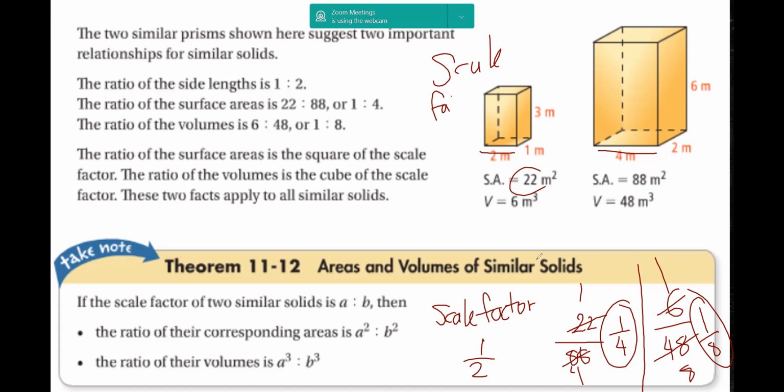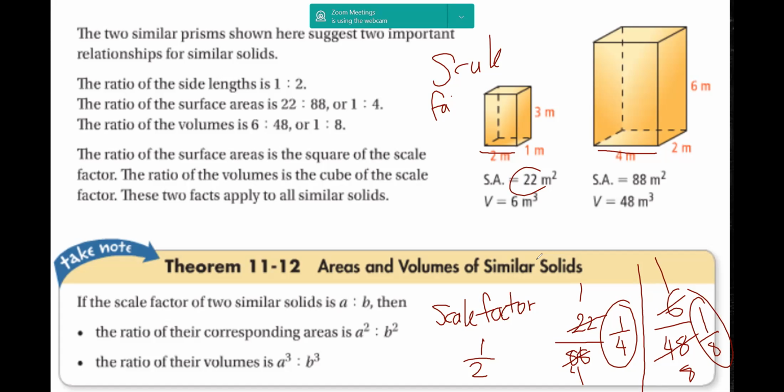Here, each pair of dimensions is proportional, so you can write the scale factor, like 1 over 2, or 2 over 4, or 3 over 6; all of them are correct. If you choose 1 over 2, you can write the ratio of the surface areas, which is the square of the scale factor, and also the cube of the scale factor, which is the ratio of the volumes.